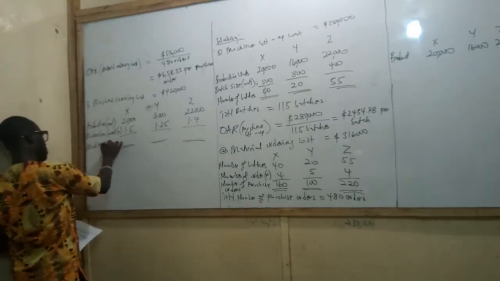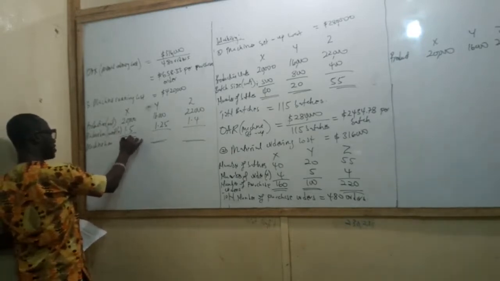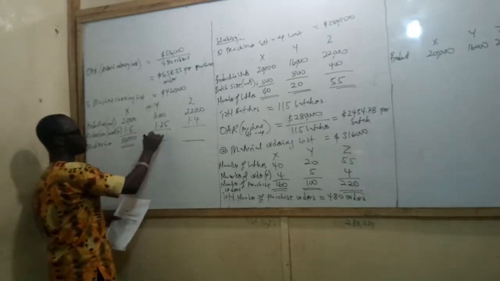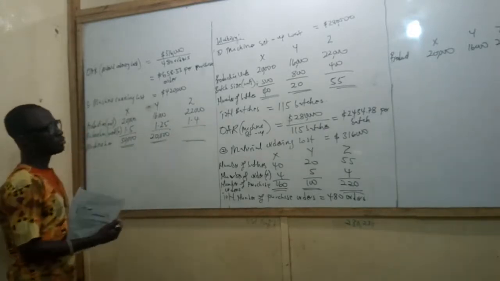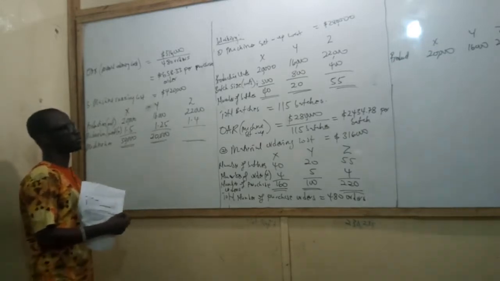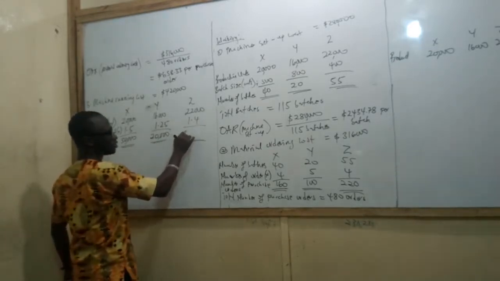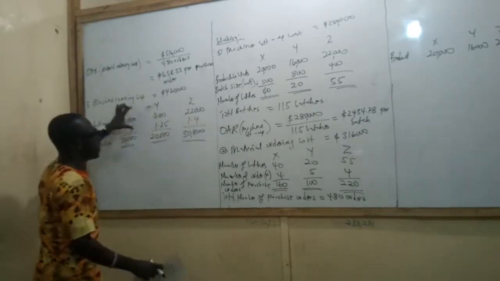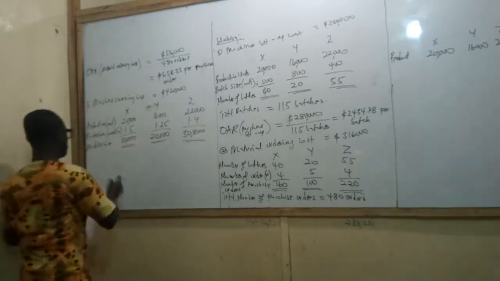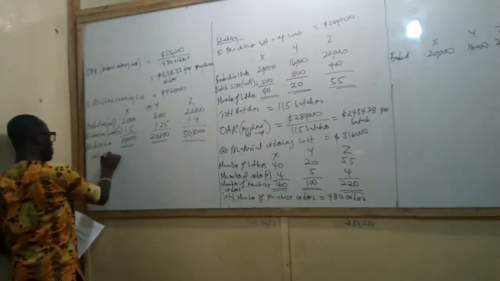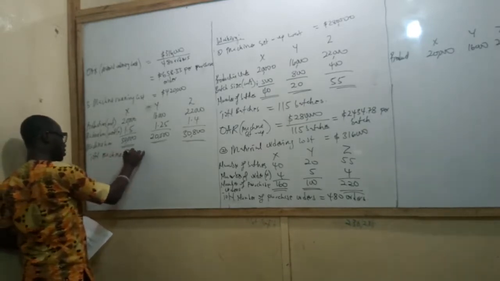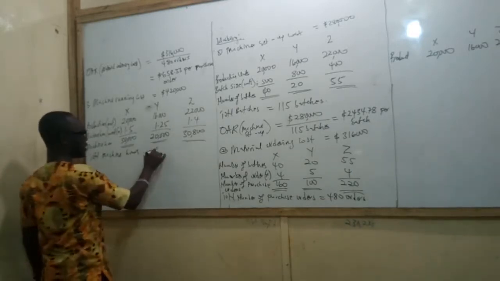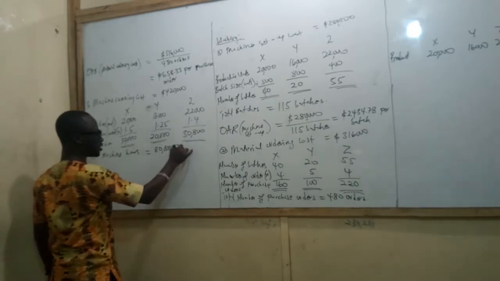So we multiply, and that gives us the machine hours: 30,000, 20,000, 30,800. This is machine hours for each product. So we add all to get the total machine hours, and that will be 80,800 hours.